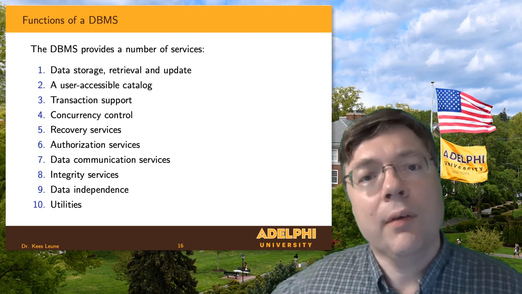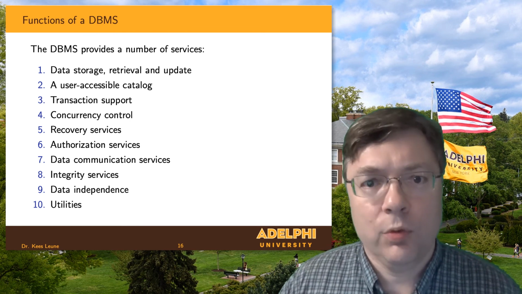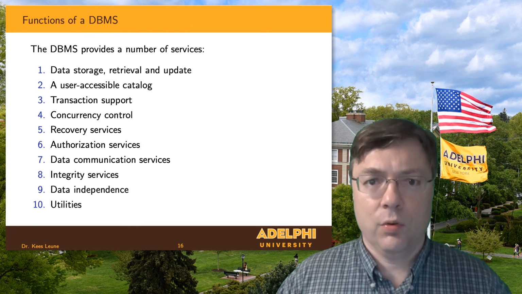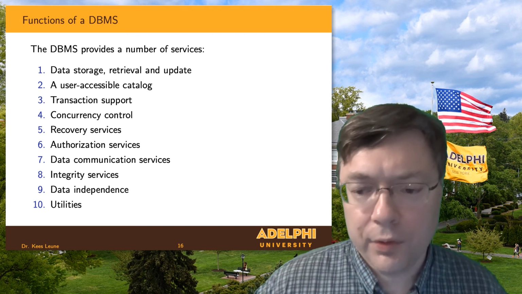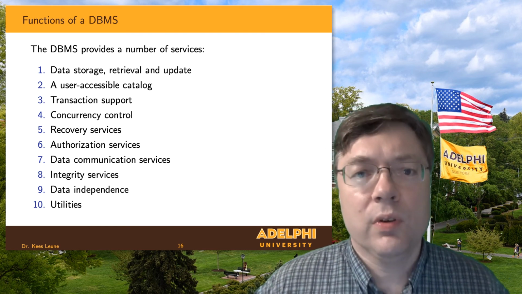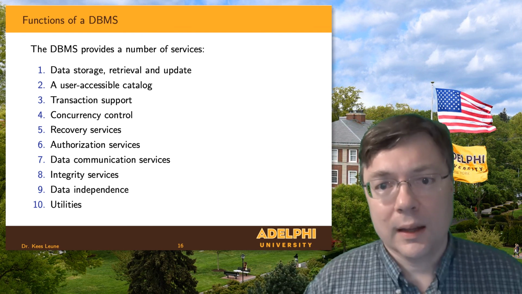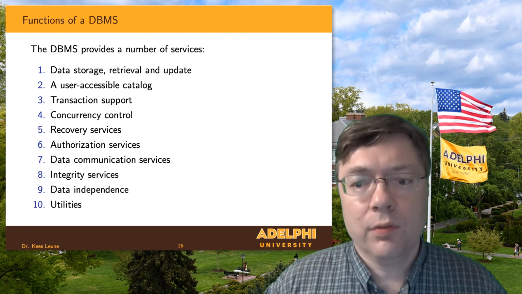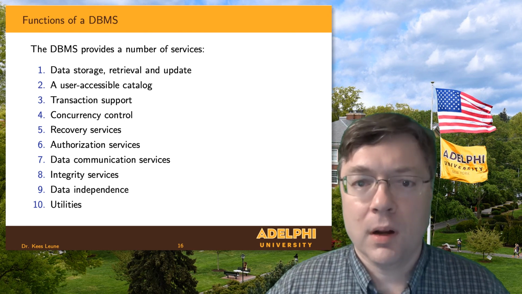In other words, I don't want to have to worry about how to store stuff on disk. I just want to be able to use it and not have to know, if something is stored as a linked list in a C compatible file, for example. And I want to have some utilities in there, and we'll be using one of the utilities called the monitor fairly extensively. All of these functions must be present in a database management system before it becomes functional.